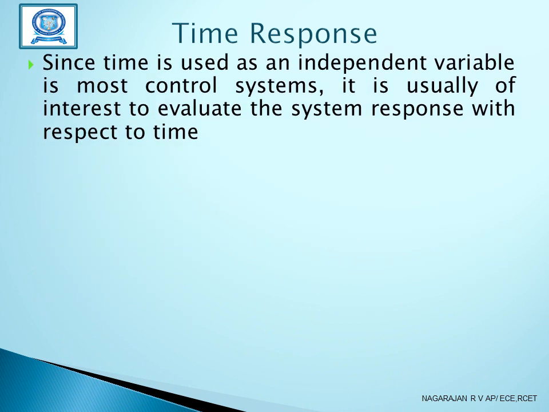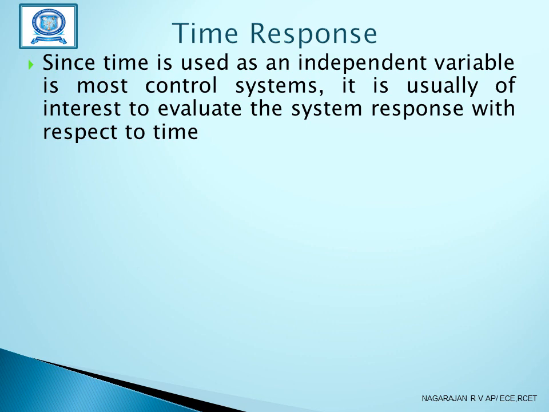The basic definition: time is used as an independent variable in most control systems. It is usually of interest to evaluate the system response with respect to time. So the time response of the system is the output of the closed loop system as a function of time.